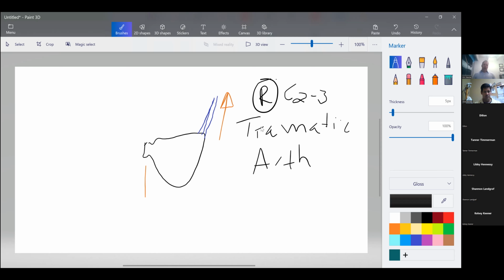After a period of time, that right C2-3 segment scarred down, right? It constricted, capsular pattern, wouldn't move. So now the right side is no longer moving while he moves the head.